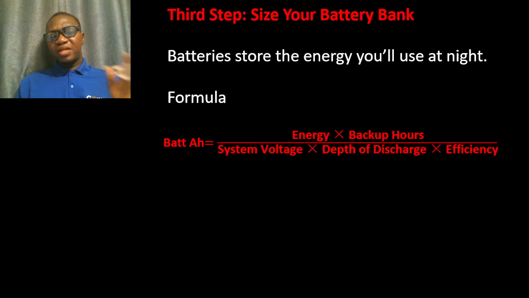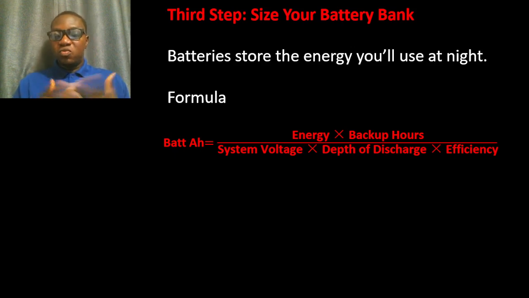So the formula to calculate the amps of battery that you need is the energy multiplied by the backup hours that you intend. Like some people, their backup hours might be 12 hours, some their backup hours might be 2 hours, 3 hours.